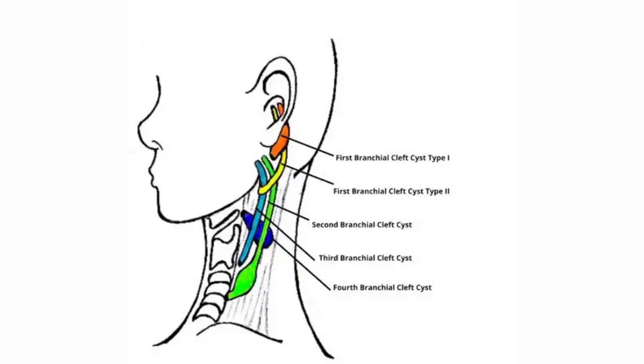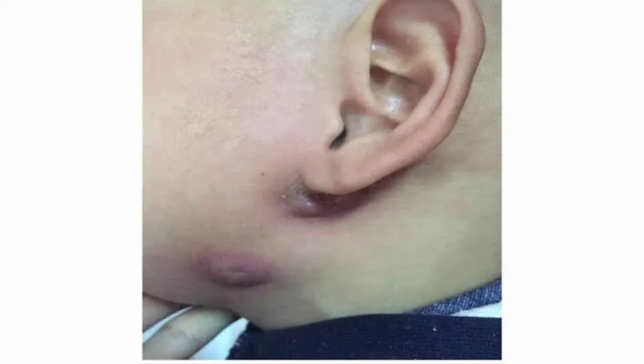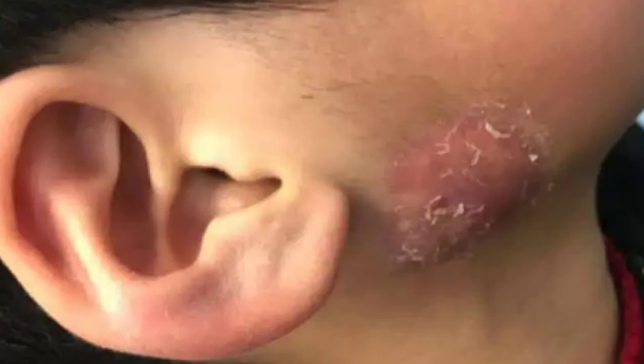This is again a picture showing the different locations of the remnants of these pharyngeal grooves and the sites where these can lead to formation of sinus, fissure, abscess, and cyst. This is a picture showing some collection and erythematous skin in the area of the first pharyngeal groove. So these are first pharyngeal groove infections in the form of cyst and abscess formation. Again a picture showing the first pharyngeal groove abscess and cyst formation.